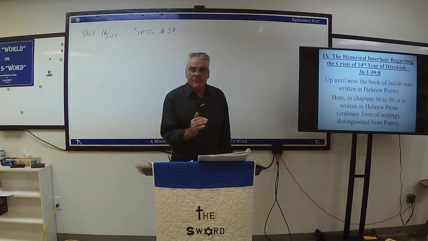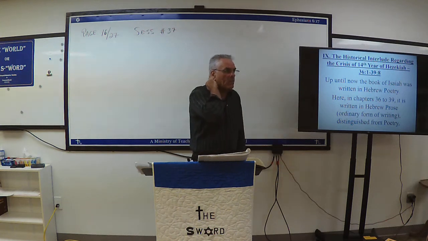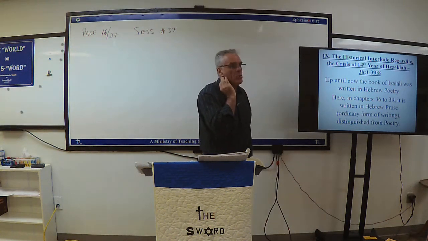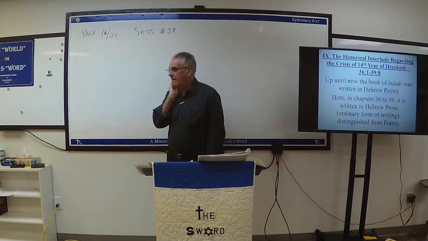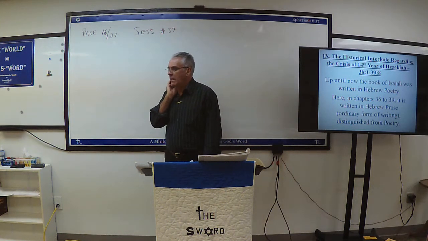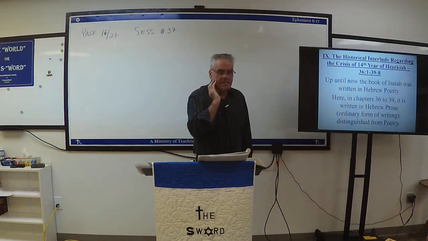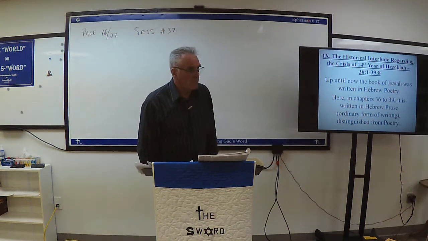You have a slide for what's being said right now. Up until now, the book of Isaiah was written in Hebrew poetry. That's what, Sylvie, makes it difficult sometimes to understand. Isaiah is a master of the Hebrew language, and he wrote it partially in poetry. Hebrew poetry.